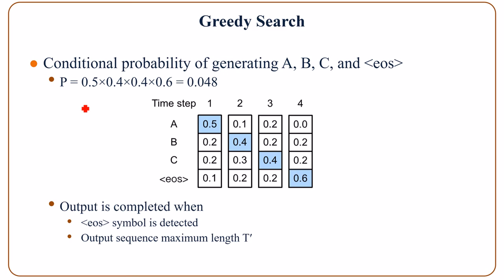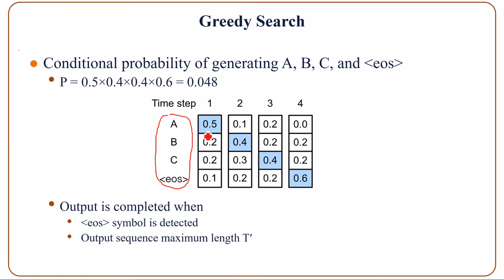Let's say we have four words A, B, C, and end of sequence in the dictionary, and more exactly in the output dictionary. We have four time steps.